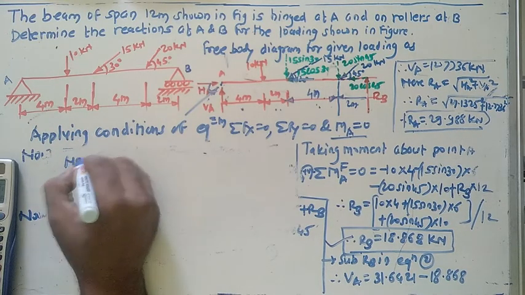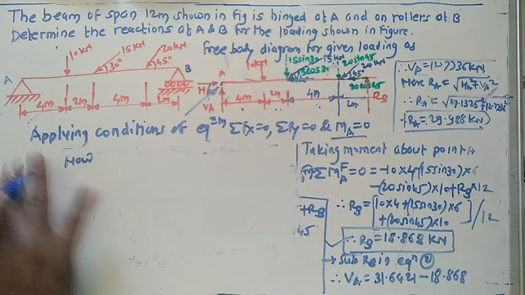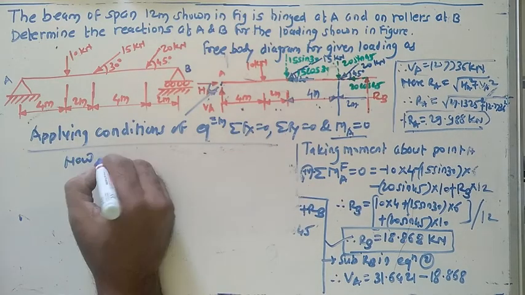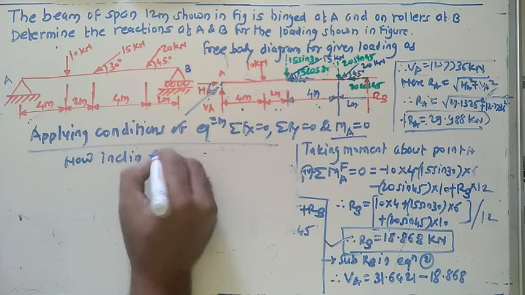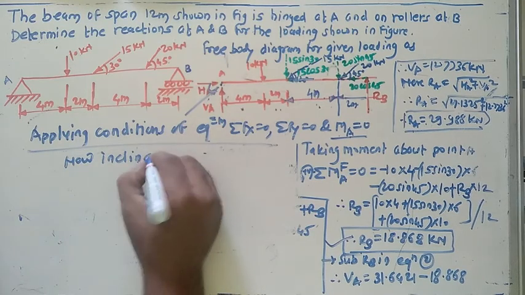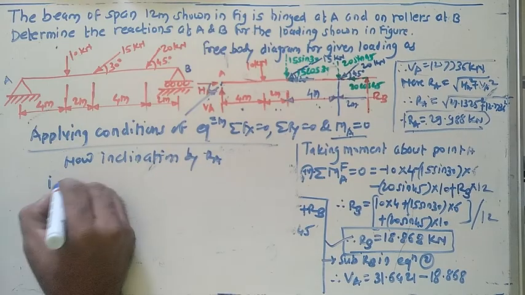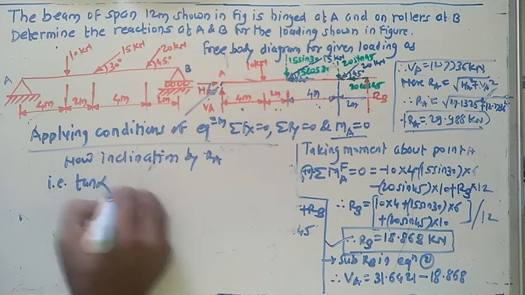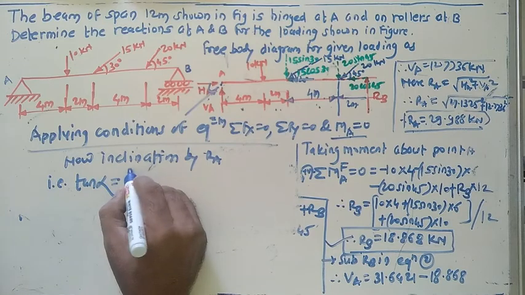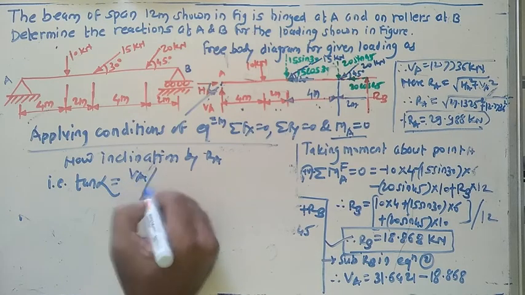The inclination made by RA is given by the equation tan alpha, or tan theta, equals VA divided by HA.